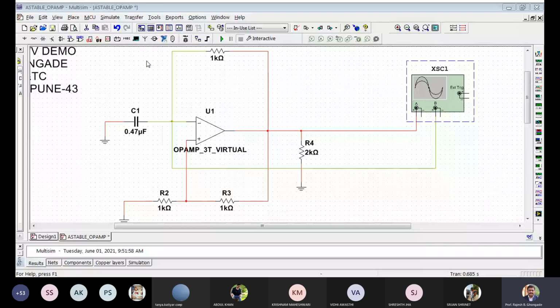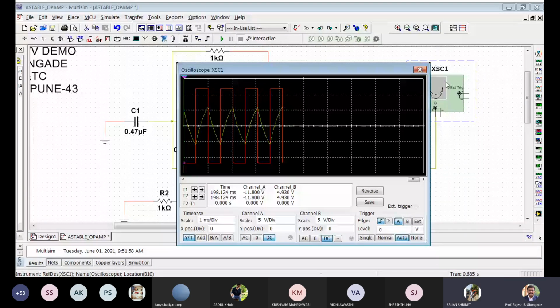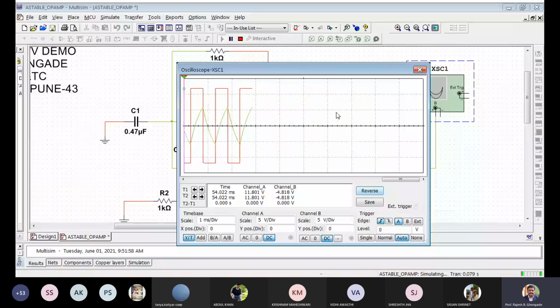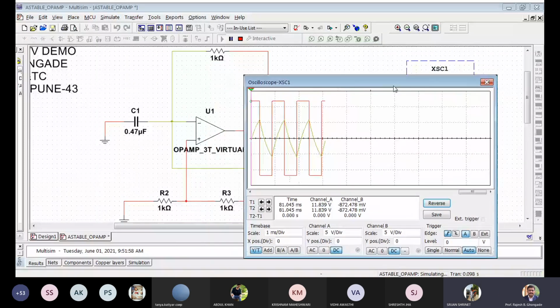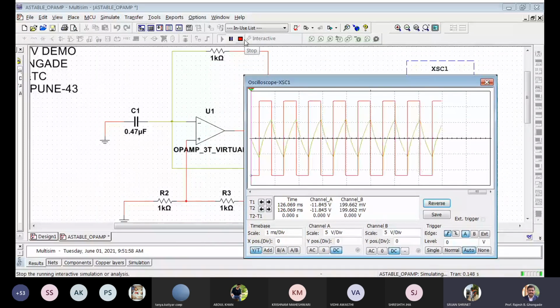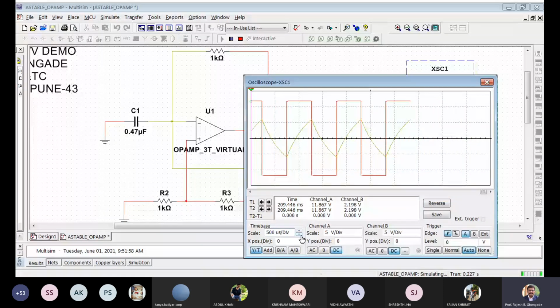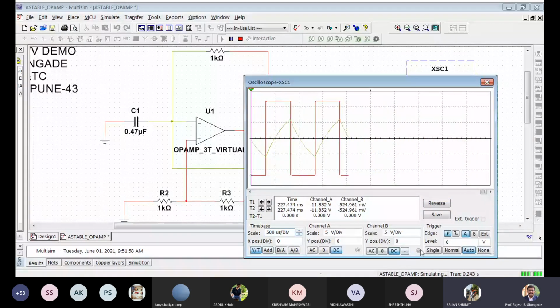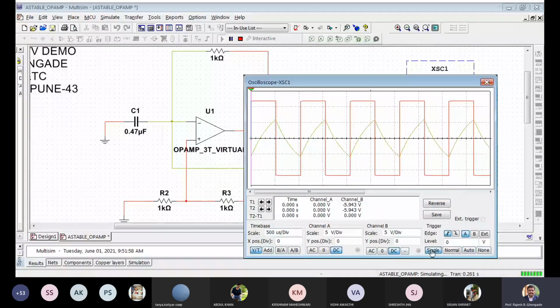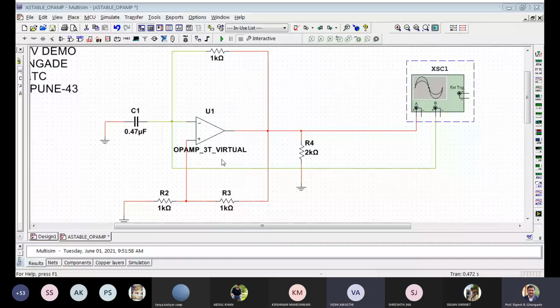So as you can see, we have the oscillations here, and they are sustained. And you can verify what is the frequency. Now here you can see that we are having a 50% duty cycle. It means that the on and the off time are the same. All right.